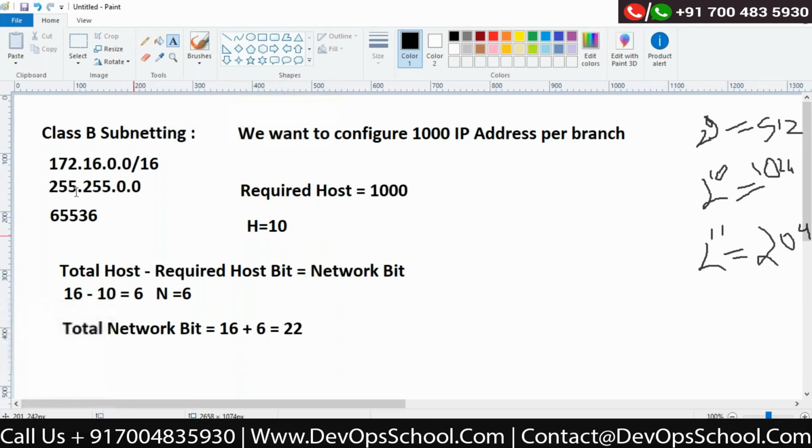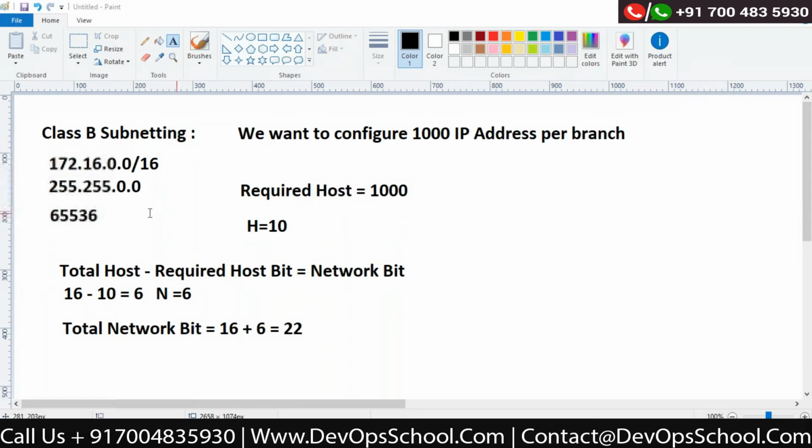Then what would be the subnet mask here? I took 6 bits, and I still have 10 bits. Total here is 16, and out of that I took only 6. To find the subnet mask, I just want to write down this particular octet, because 8 bits plus 2 are already host, so 6 are remaining from this line.